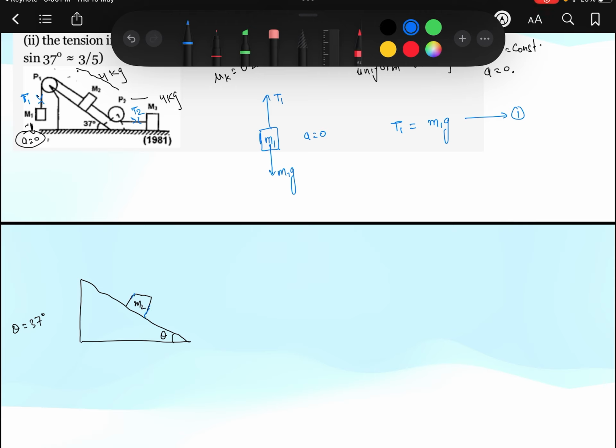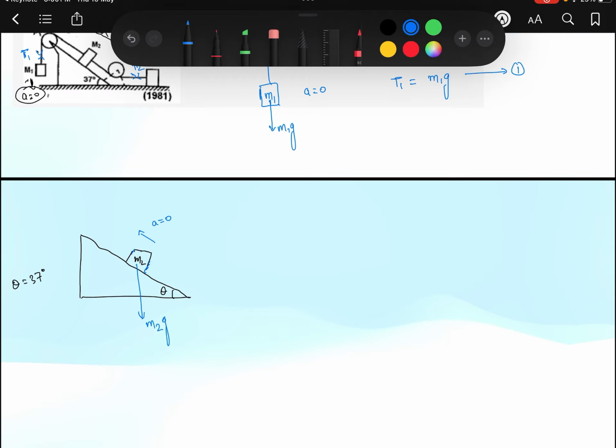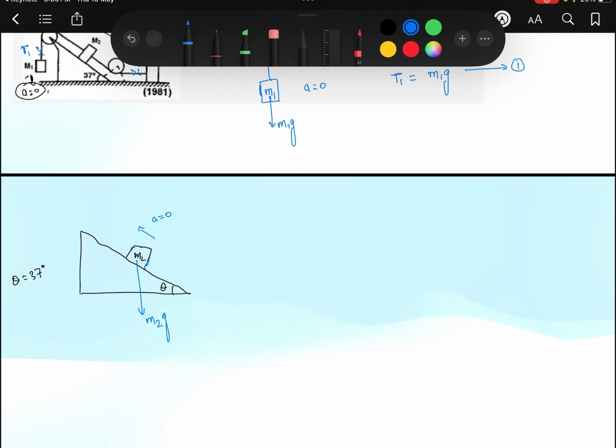Since this block is moving in this direction with a uniform velocity, acceleration is equal to 0. So here this is m2g due to the gravitational pull, that is the weight of m2, and there will be a normal force acting in this direction. Since this angle is also equal to theta, the normal will be m2g cos theta.